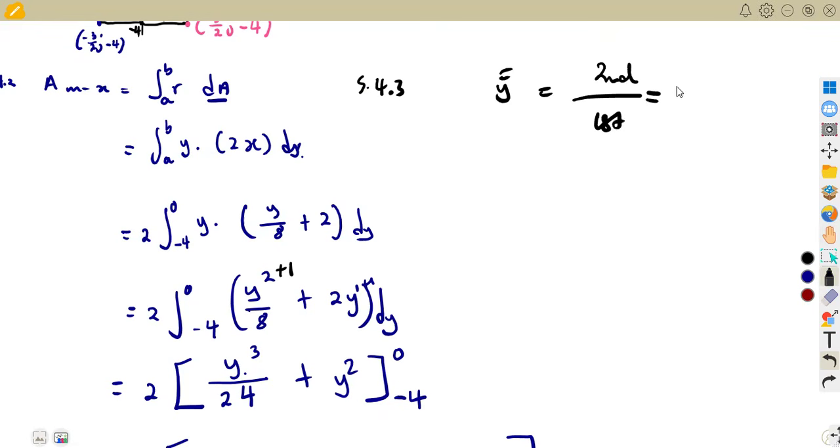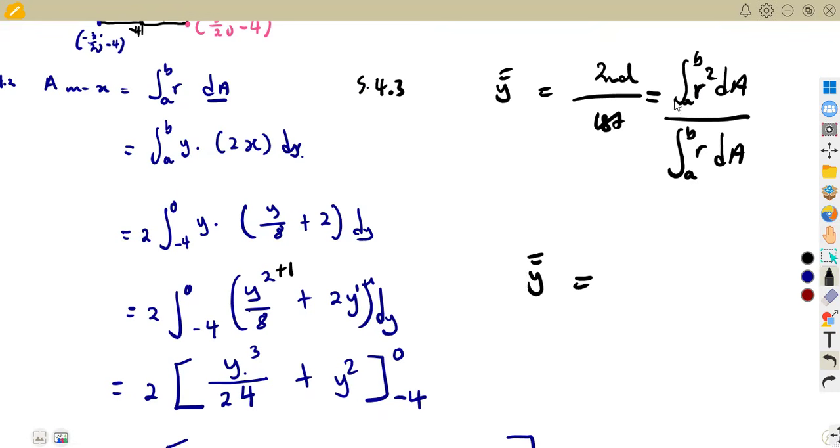But from the formula sheet, they gave you the integral of r squared dA from A to B. If you check your page 6, it must be page 6 or page 5, on the center of pressure, you're given a formula like this, which is the second area moment over the first area moment. That is what they're simply saying.